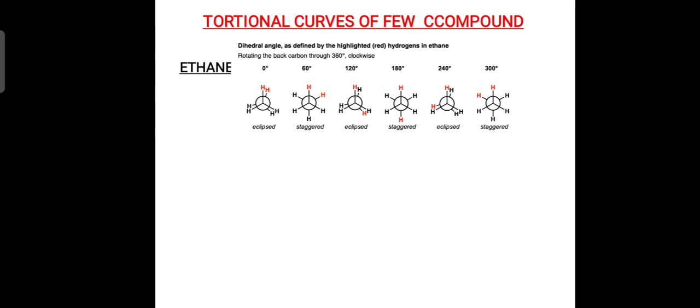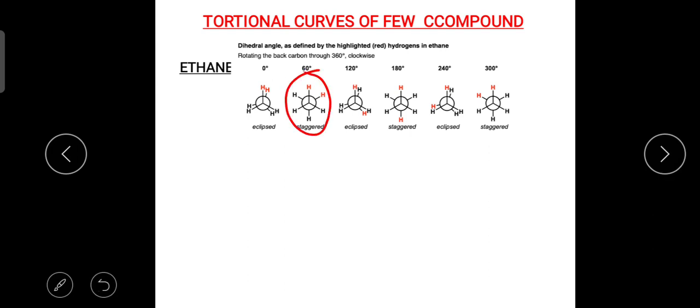So if we start from the eclipsed structure and rotate the front carbon or back carbon by 60 degrees clockwise, it transforms into the staggered structure, where the dihedral angle of two hydrogen atoms is 60 degrees. Similarly, when we rotate this staggered structure again about 60 degrees clockwise, it transforms again into the eclipsed structure.